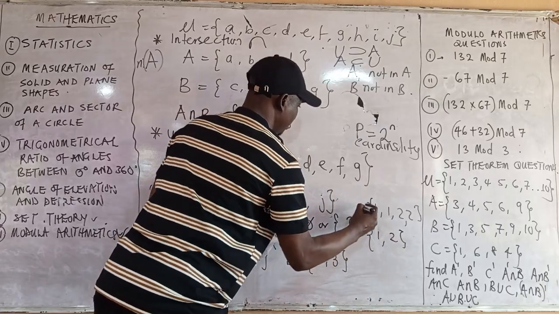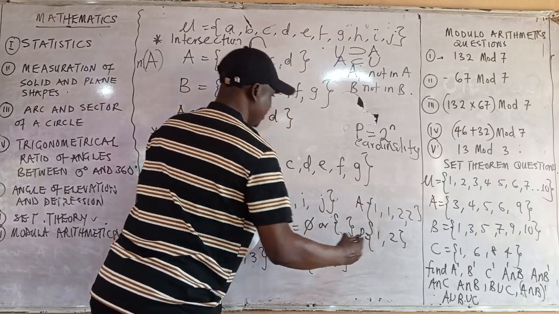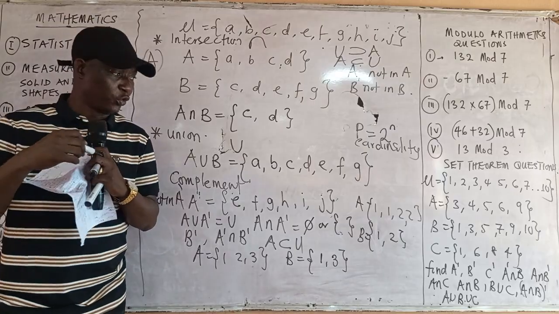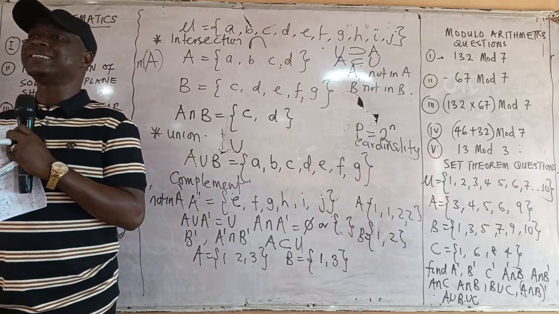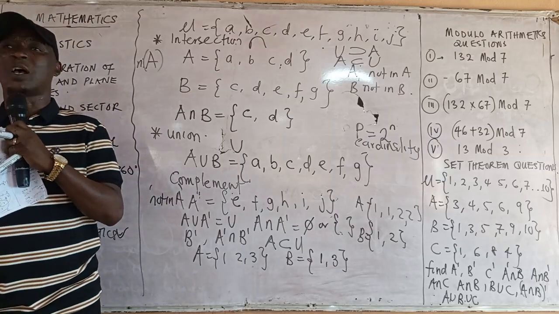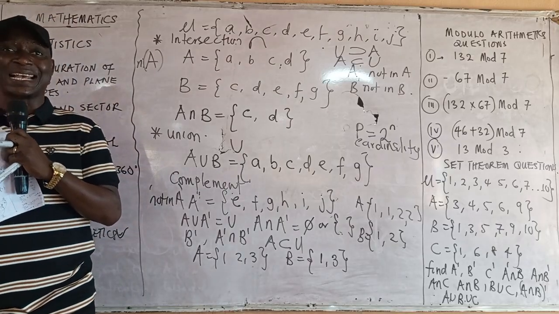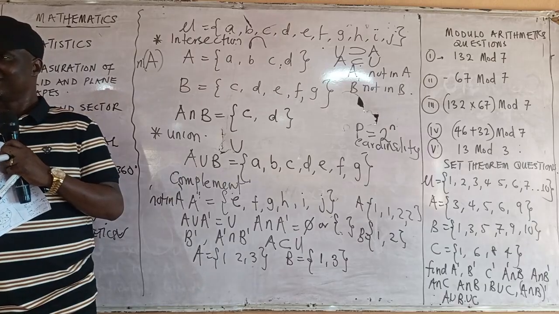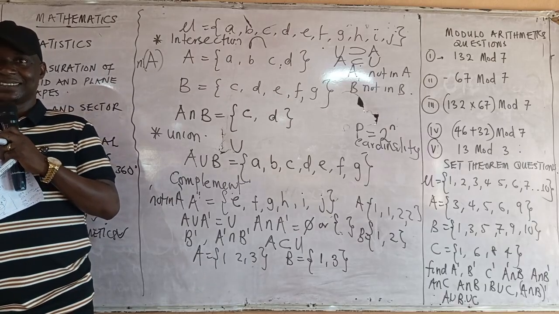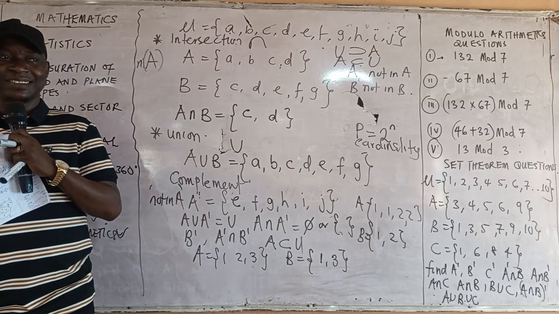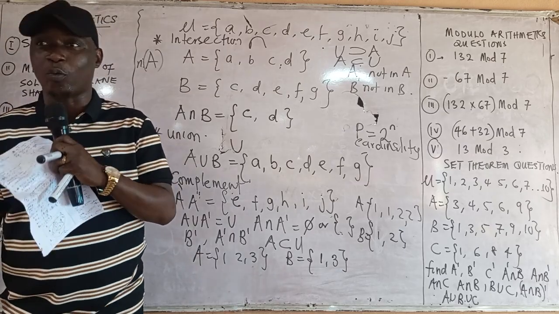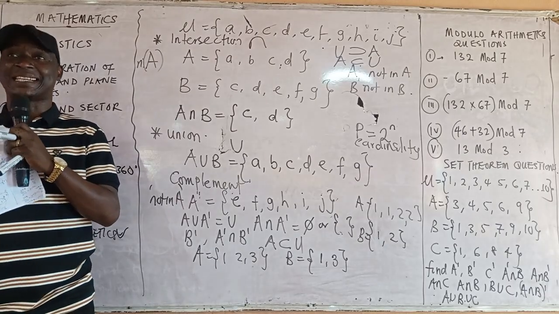1, 2. This is A, this is B. A is 1, 1, 2, 2. B is 1, 2. What exists between them? Are they equal sets or equivalent sets? What do we call equal sets?